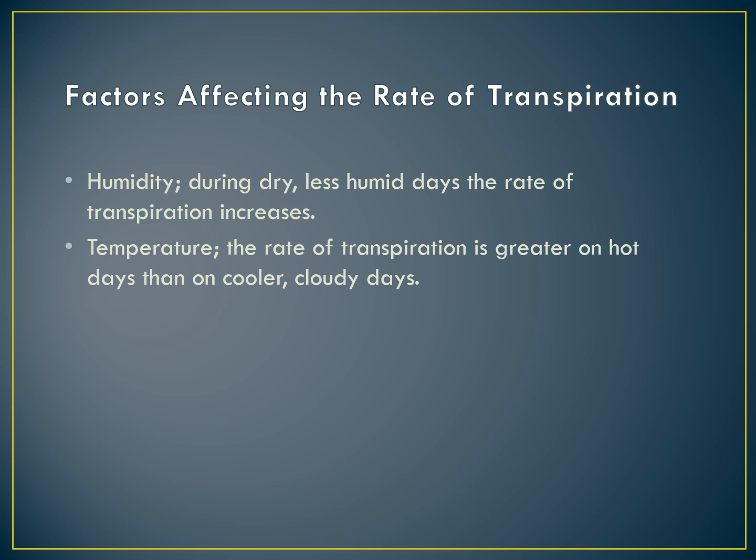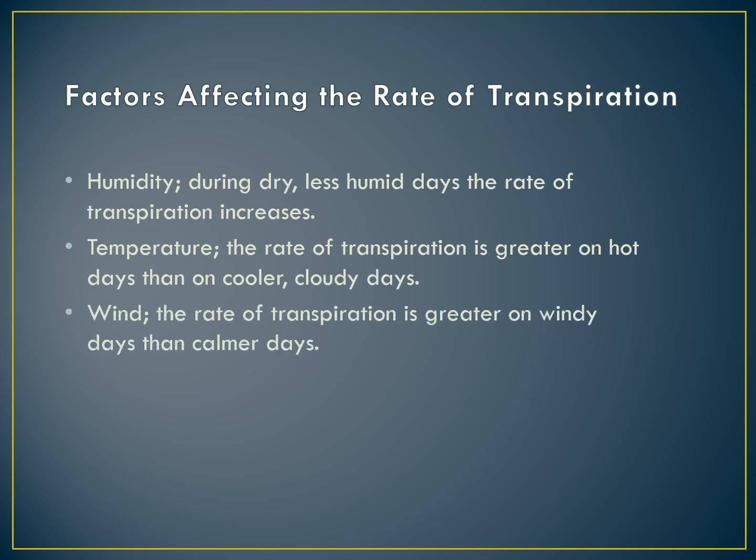On cool, cloudy days, the rate of transpiration will be relatively low. On warm, sunny days or hot, sunny days, the rate of transpiration will be higher. And finally, wind. Wind can also affect the rate of transpiration. On windy days, the rate of transpiration increases.